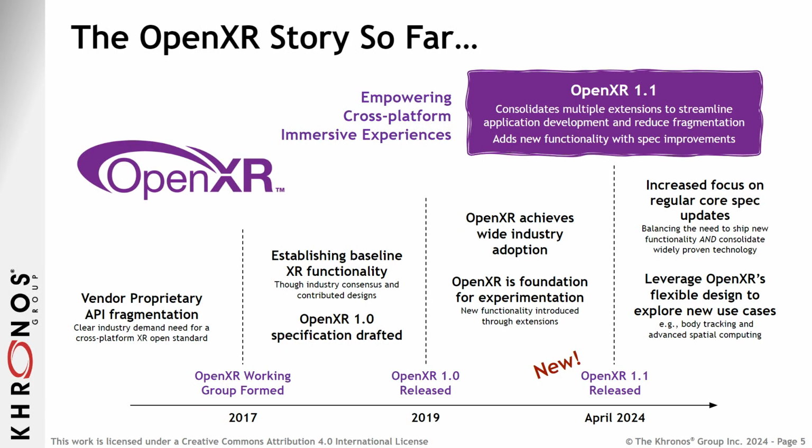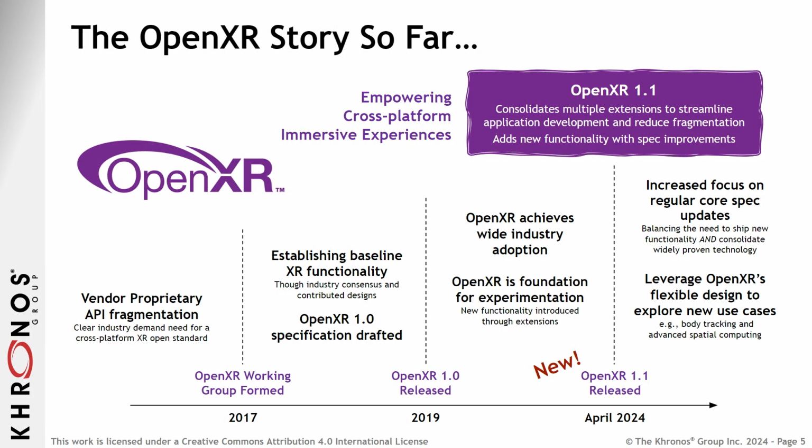So going forward, you can expect much more regular OpenXR core release updates that bring new functionality and consolidate. Normally on Khronos APIs, approximately 18 months is like the median cycle time.